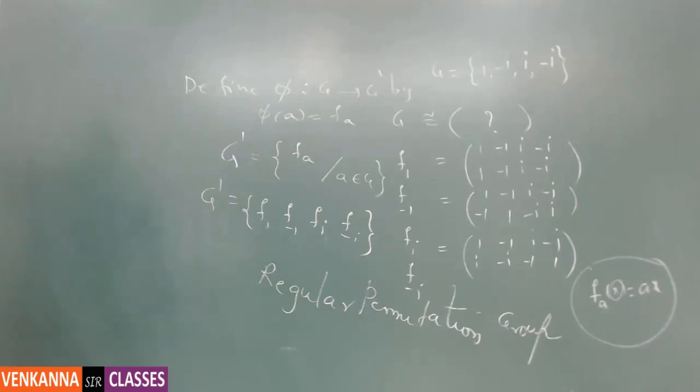So if the question is given, find the regular permutation group which is isomorphic to G, you have to proceed like that. Okay? Is it clear to all?